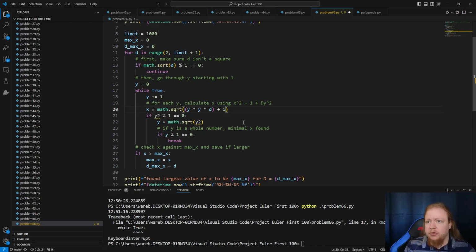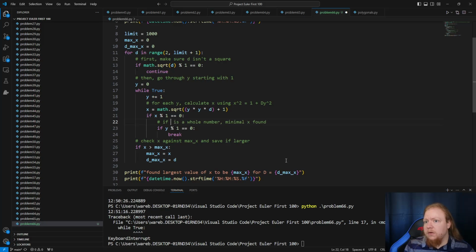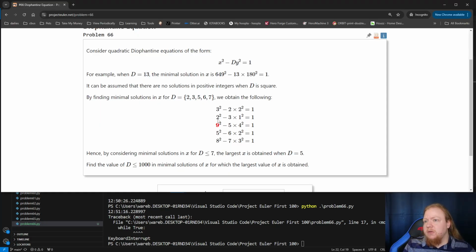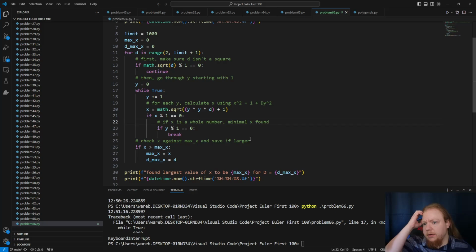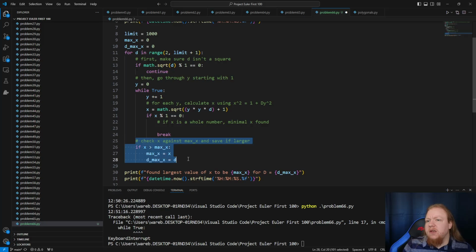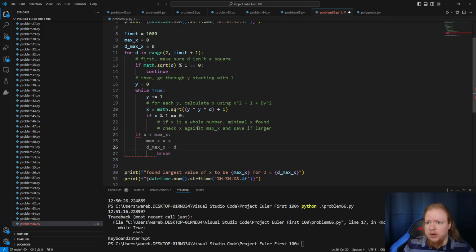That has to go inside the parentheses there. And then if x is a whole number, minimal x found, because x always has to be larger than y. And the minimal y has to be related to the minimal x. And then here we just delete this. And we're just going to take this chunk of code right here and put it before this break.